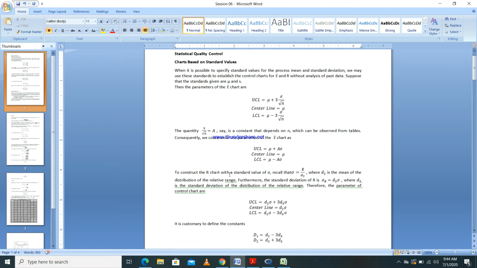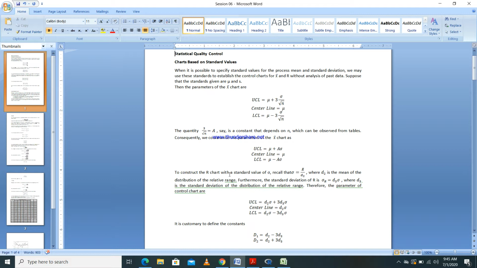If you can remember, when we were discussing the quality control chart, the first thing we discussed was the X bar chart. When you are given a data set, if you know the standard deviation and mean of the population, you can use them when constructing the X bar chart.